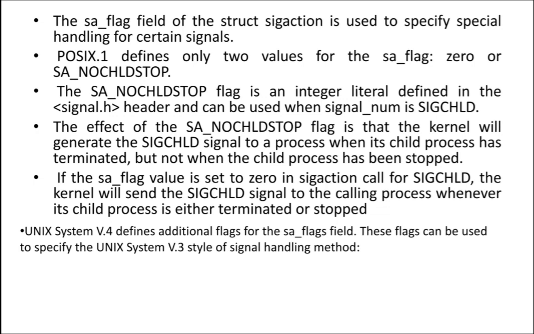If the SA flag value is set to 0, what happens? The kernel will send the SIGCHLD signal to the calling process whenever its child process is either terminated or stopped. If it's 0, it will send the signal to the parent process telling that the child process is stopped.